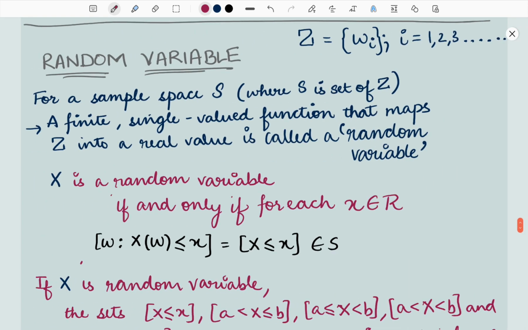So, what is a random variable? For a sample space where S is a subset of Z, a finite single valued function that maps Z into a real value is called a random variable.